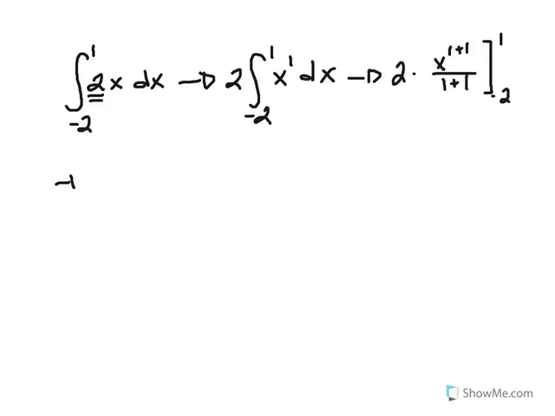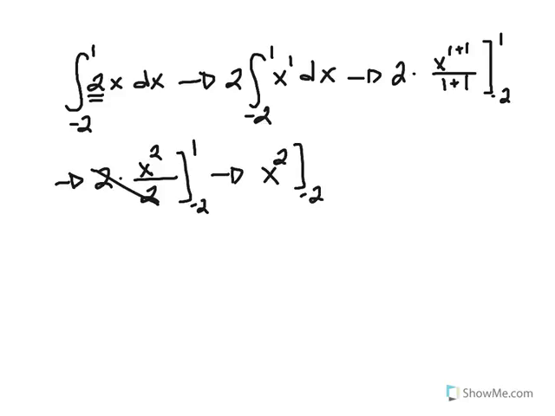So let's go ahead and simplify this. This is going to give me 2 times x squared over 2 between negative 2 and 1. Now these 2's are going to cancel, so they're gone. So now I have x squared alone from negative 2 to positive 1. The way to evaluate this is we take the larger value, the value farthest to the right, and plug that in first, which is always our top number.